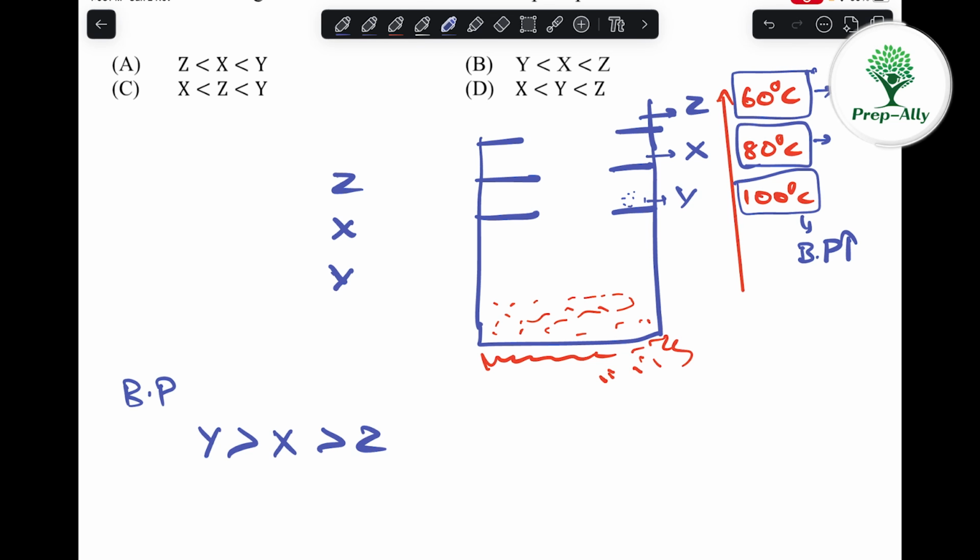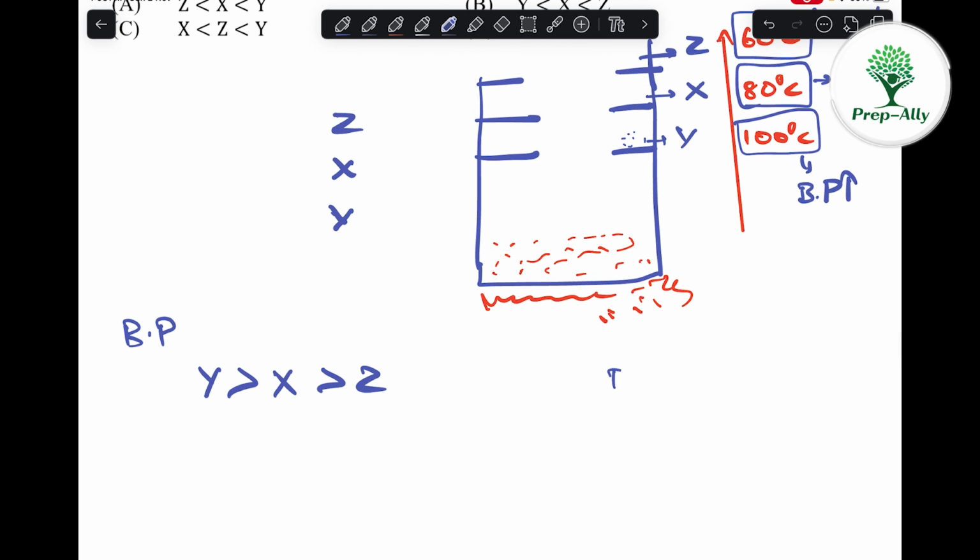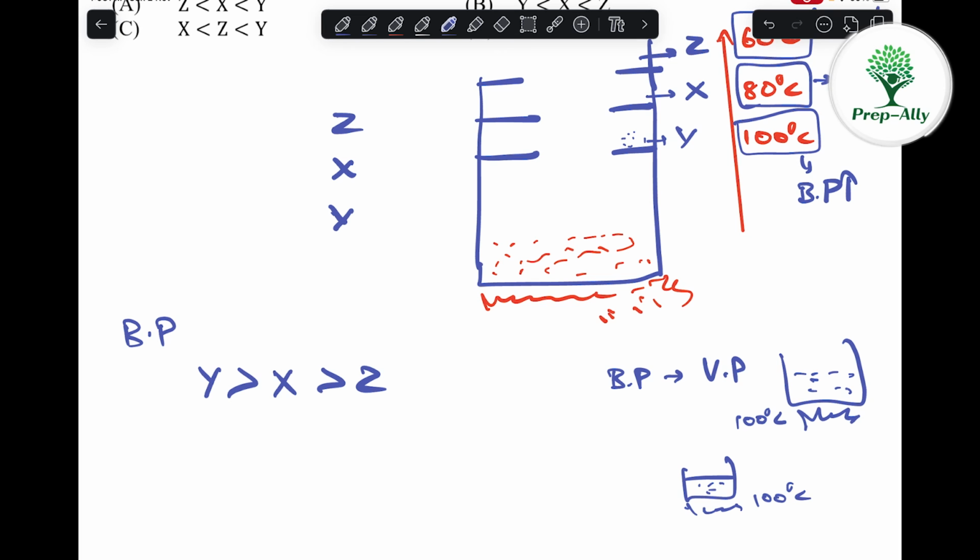Now what is the relationship between the boiling point and the vapor pressure? Let's take a liquid. I am heating it to 100 degrees Celsius, and I am taking one more liquid which I am also heating to 100 degrees Celsius. One will have more vapors, one will have less vapors. Who will have more vapors?